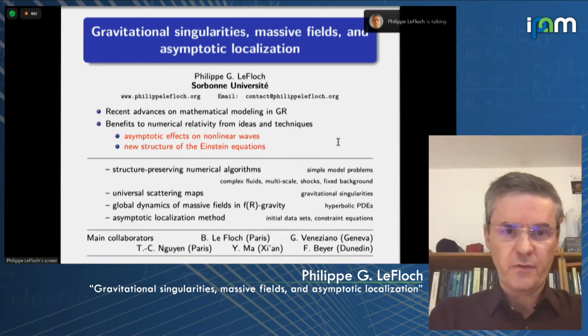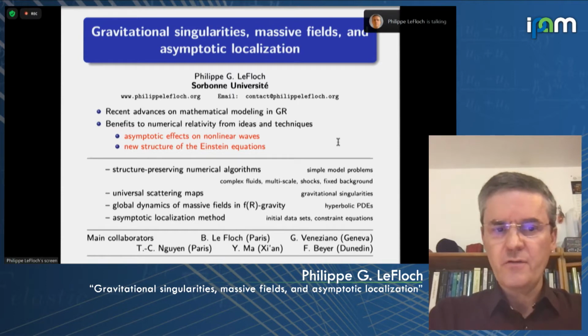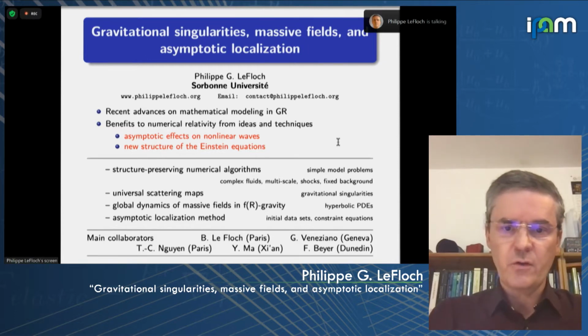If you are interested in this topic. And probably another topic I will not really cover is this question of localization at infinity in space. So in this situation, you want to construct initial data sets for the Einstein equations. So you need to solve the constraints.